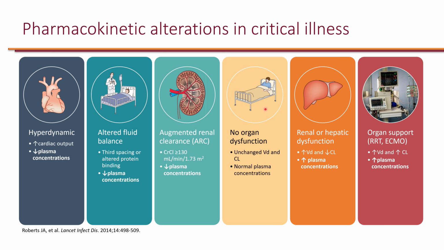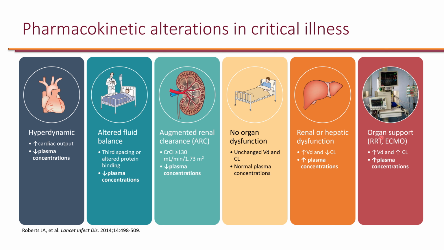And of course, it's possible that the patient may have no organ dysfunction and be critically ill, which means that your plasma concentrations are actually normal. And then on the other end of the spectrum, you may have increased plasma concentration, either because of renal or hepatic dysfunction, so the drug is not getting cleared. So your plasma concentrations go higher, and you need to dose adjust and reduce the dose.